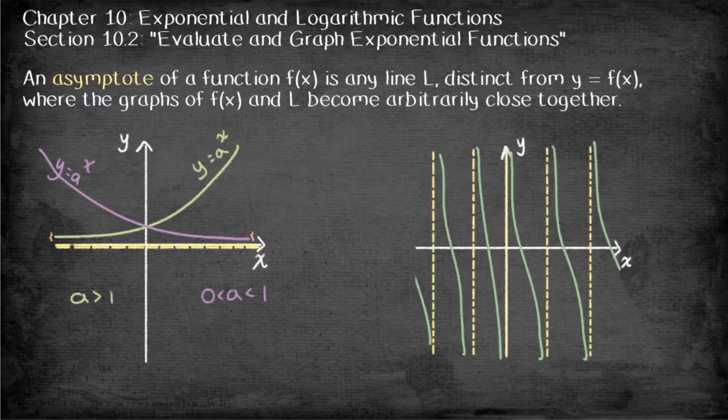So you could have a function that looks like this, or just kind of repeats over and over again. So an asymptote is really just a line that your function gets close to. It might touch your line in a few places, but in the long term, it's only going towards the line and not equaling it.